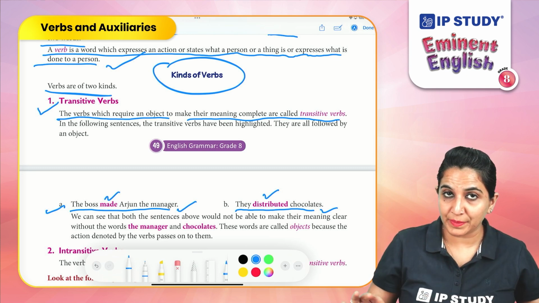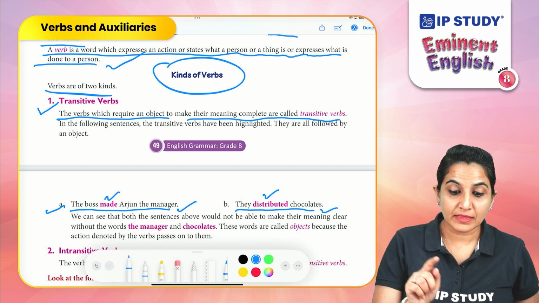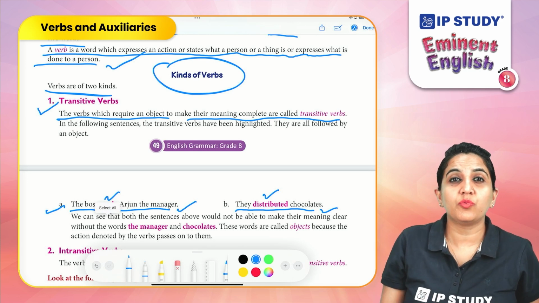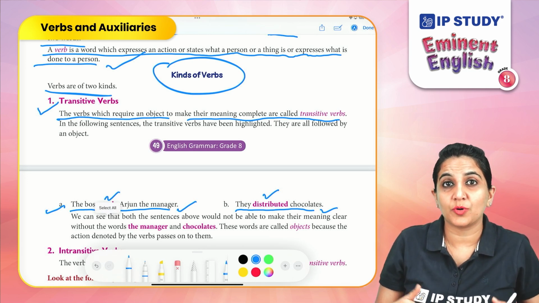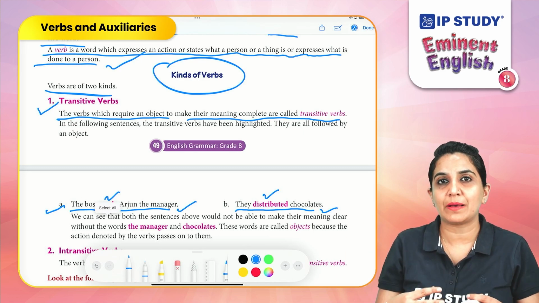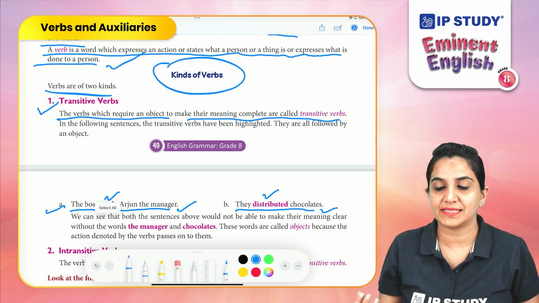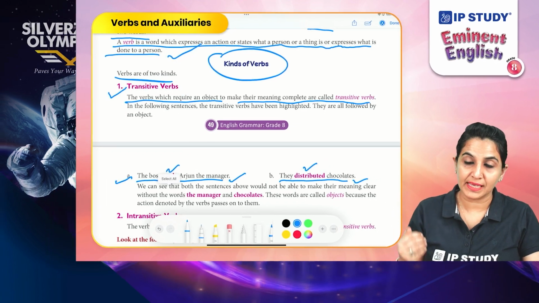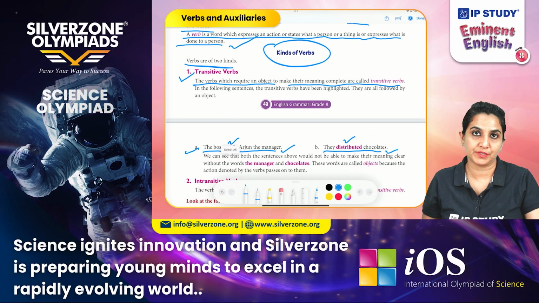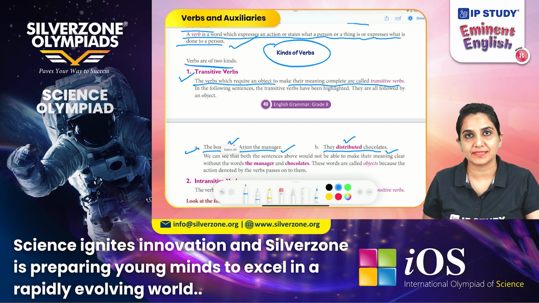In order to complete the meaning of the sentence, the verb made required an object, because we're asking what did the boss make Arjun? The boss made him the manager. So it required an object to establish the complete meaning of the sentence. Now in sentence B, if we had left the sentence at they distributed, was it a complete sentence?